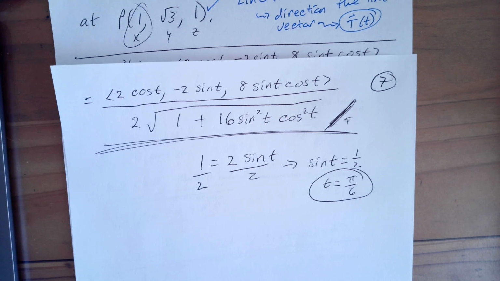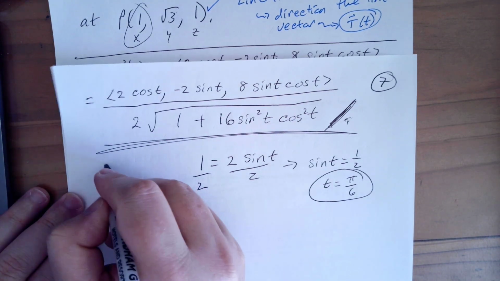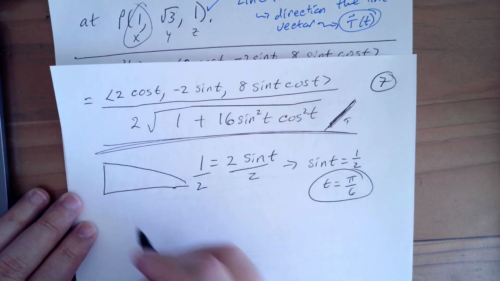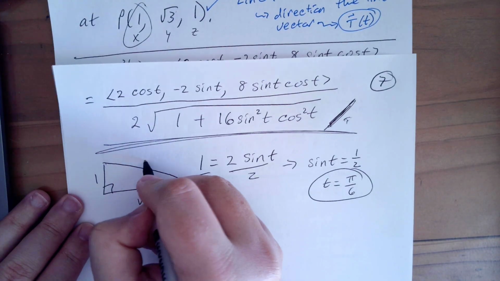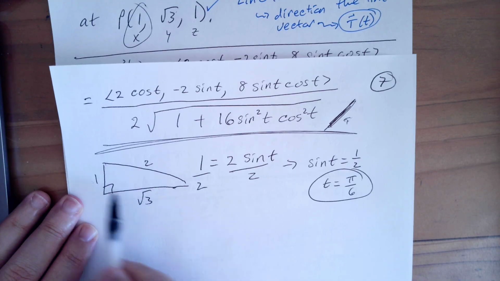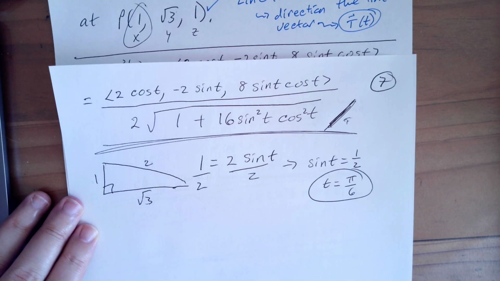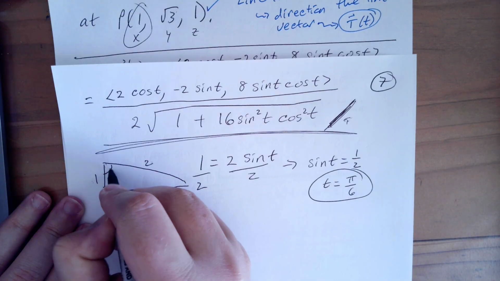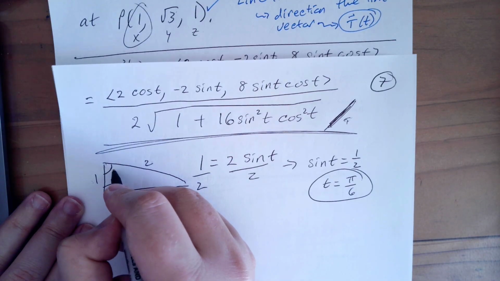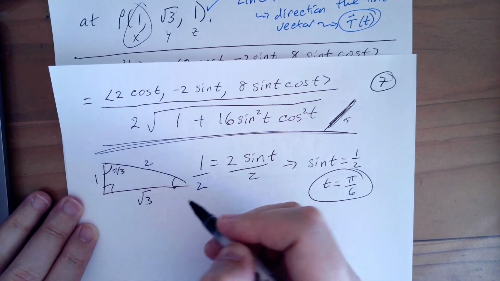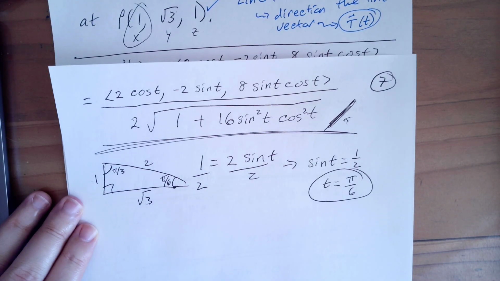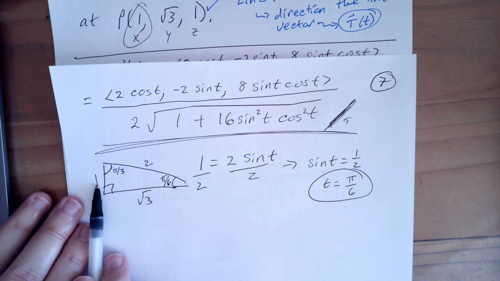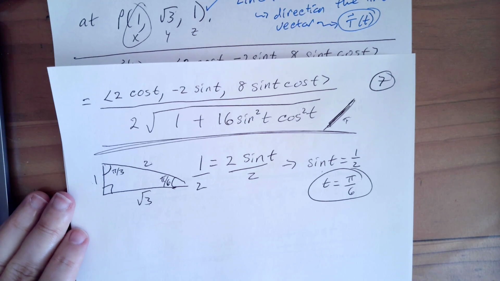So sine of pi over 6, if you guys remember, here is your 30, 60, 90 right triangle with your two legs being 1 and square root of 3, hypotenuse being 2. This angle right here is 60 degrees or pi over 3 radian measure. This is 30 degrees or pi over 6 radian measure. We want the sine, so if we take the sine of pi over 6, 1 over 2, we get it.